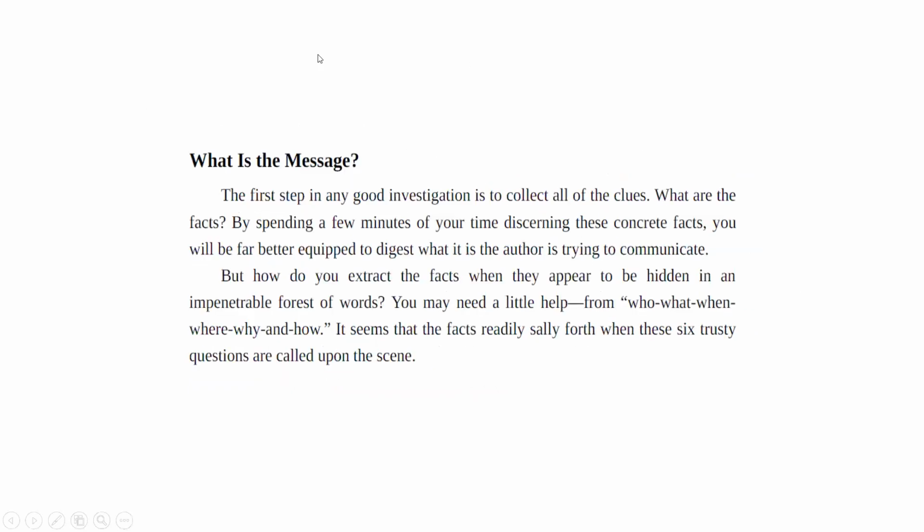All right. What is the message? The first step in any good investigation is to collect all of the clues. Okay? What are the facts?